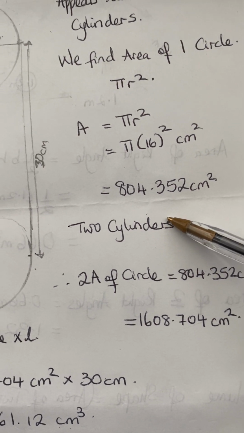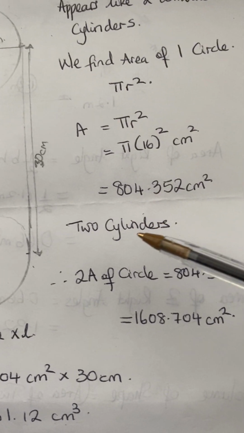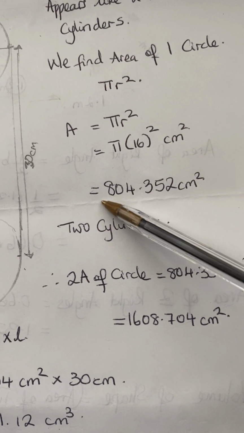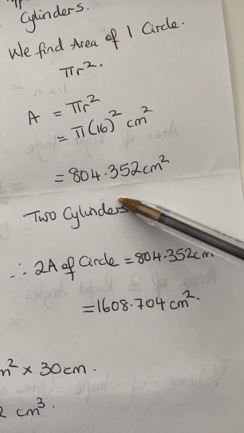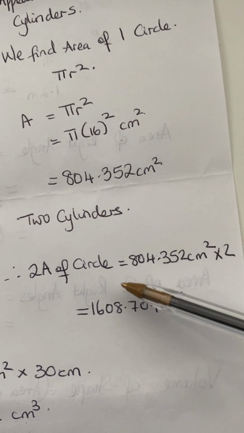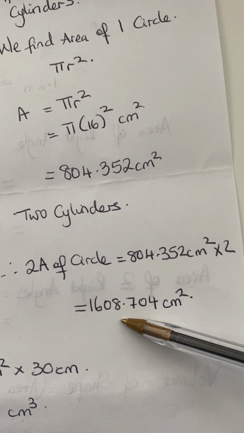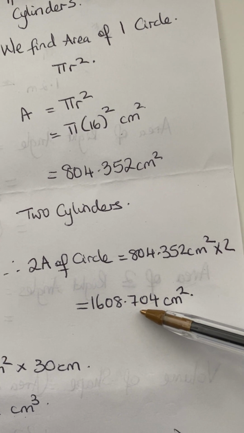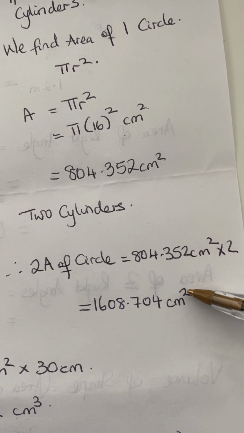Now, there are two circles here, so I'm going to multiply the first circle by 2. If I multiply the area of the first circle by 2, I have 1608.704 centimeters squared, because this is the area of the two circular parts.